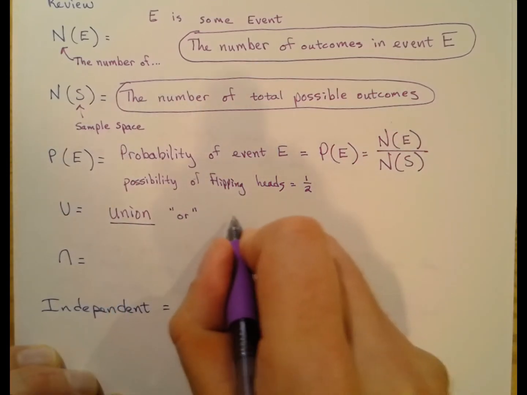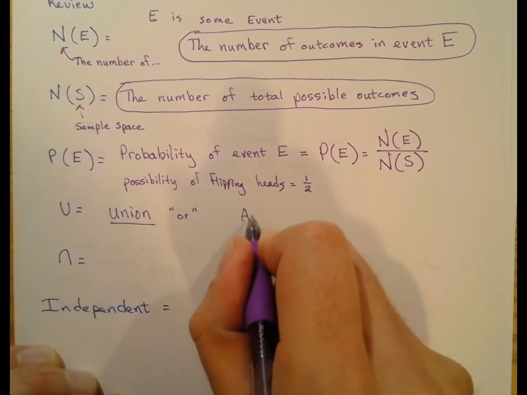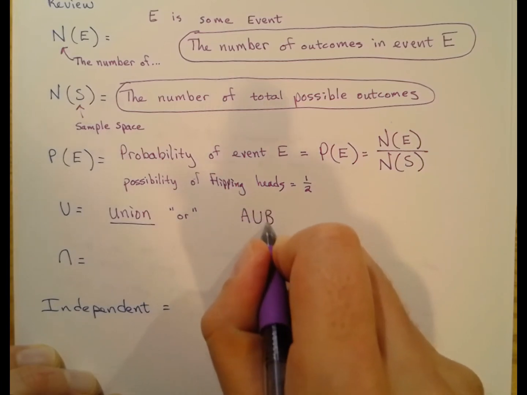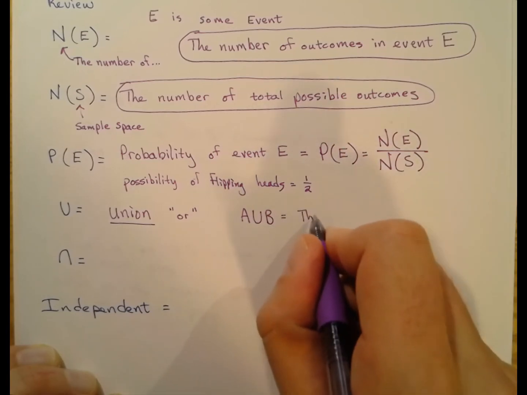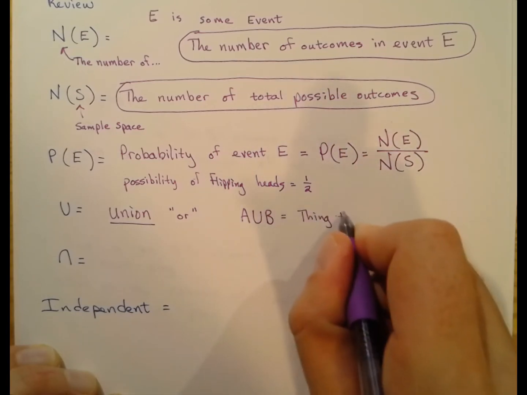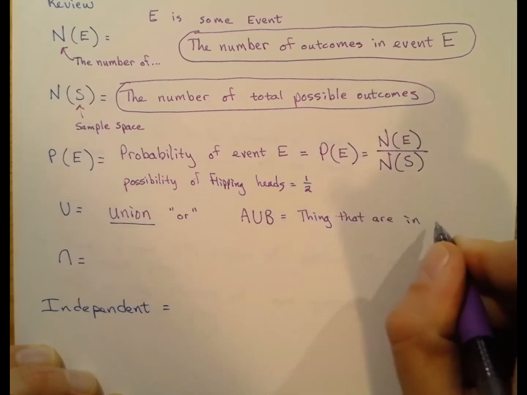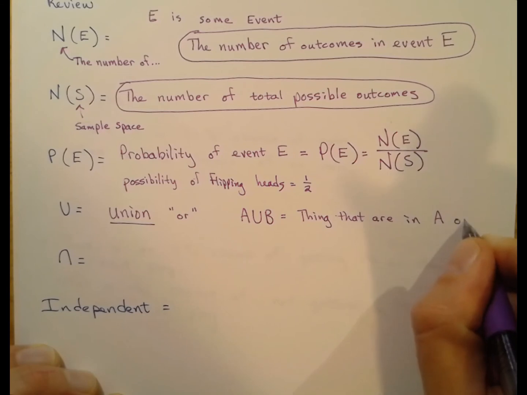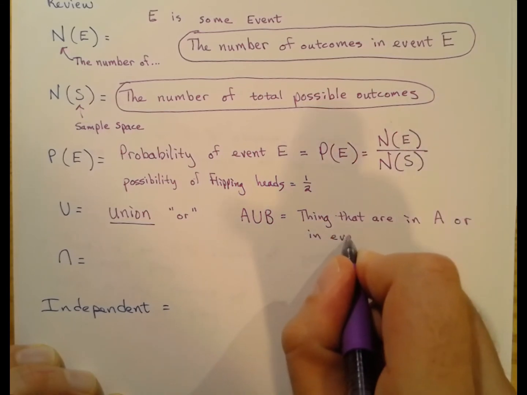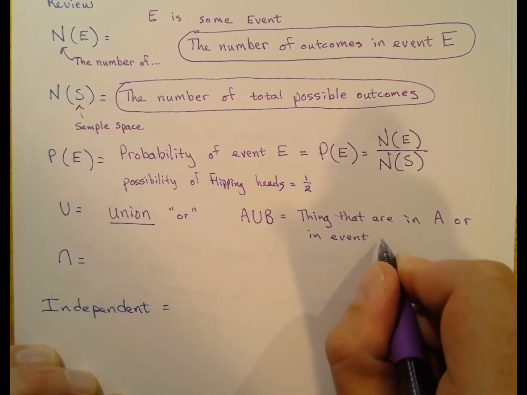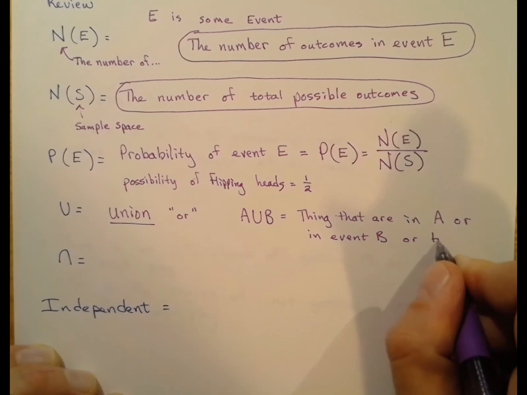This means if I were to see A union B, this means things that are in event A or in event B, or both.